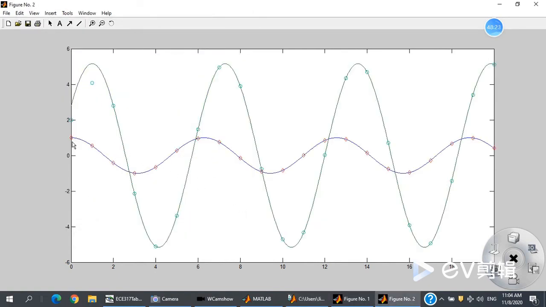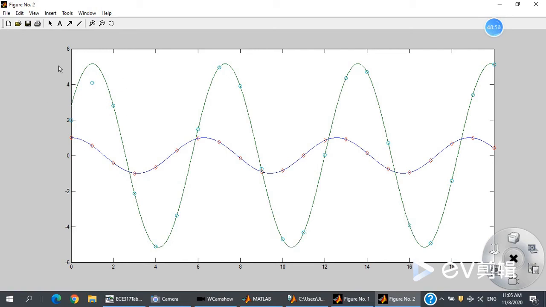The original signal is the diamond, and the background curve is that blue curve. After you go out from the system, you have those circles, which are pointed from that green wave.